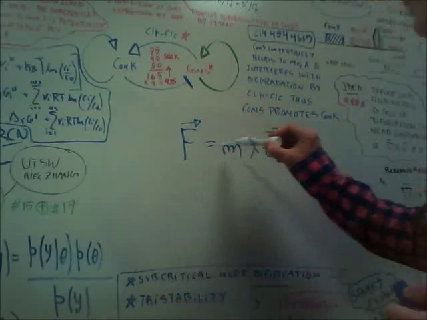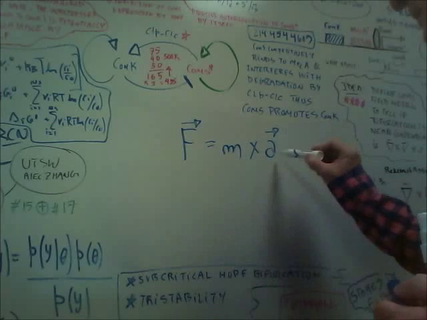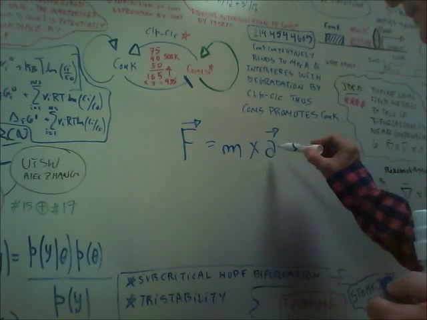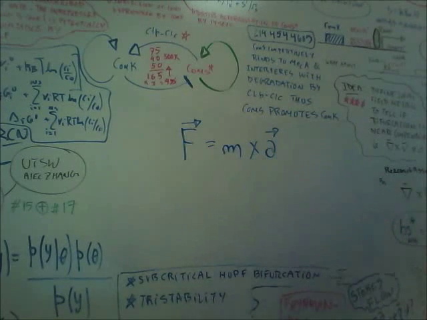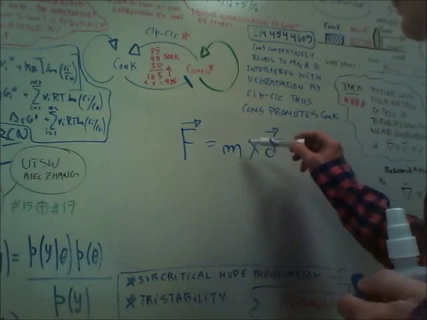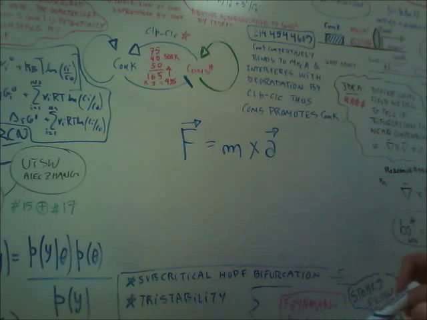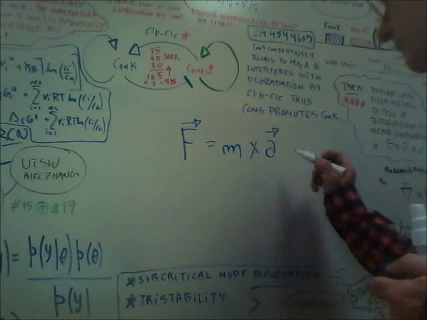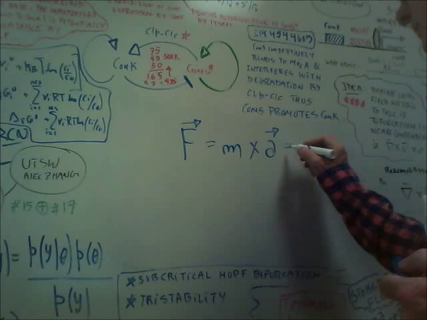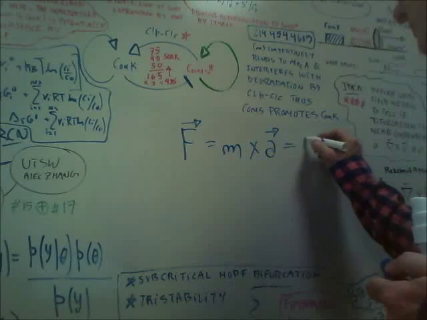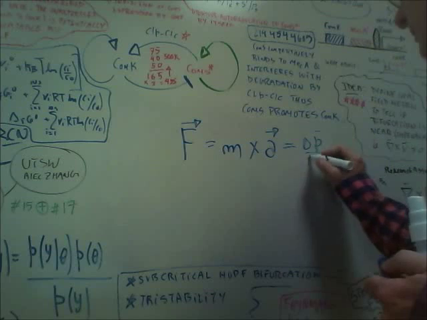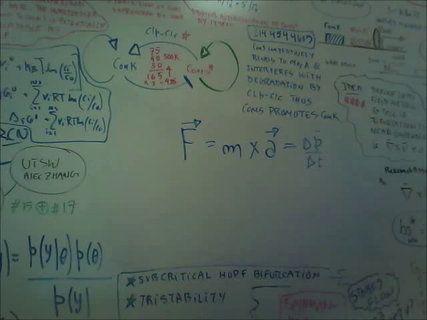So a force causes the mass to accelerate, and the amount of acceleration that it imparts to the mass depends on F divided by the mass. And I also told you that this is equal to the change in momentum over time.